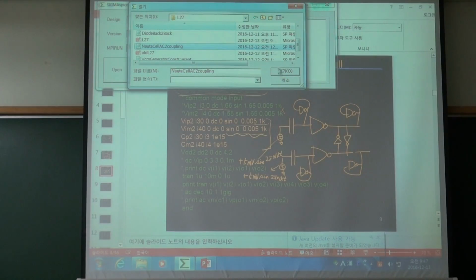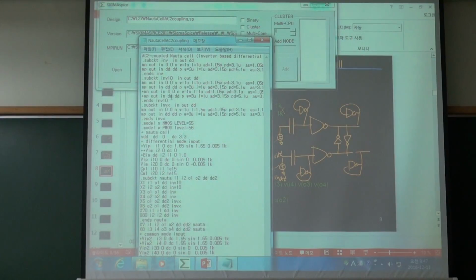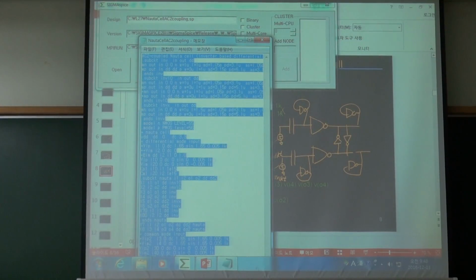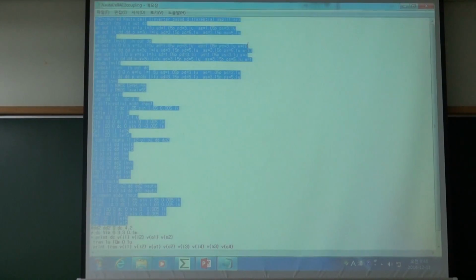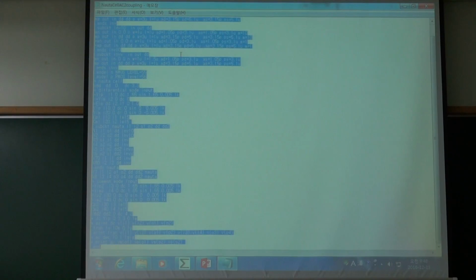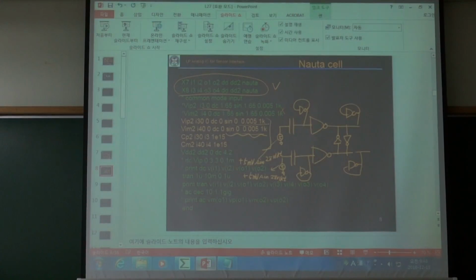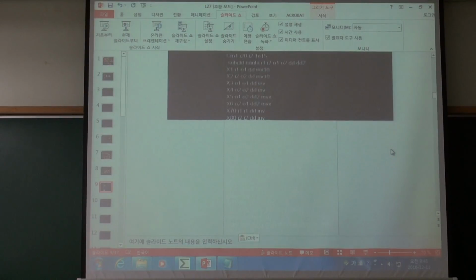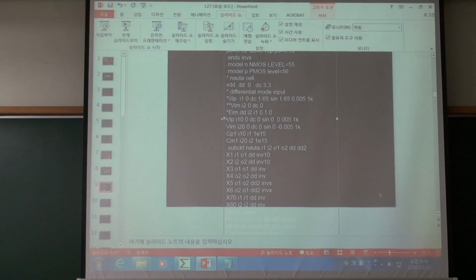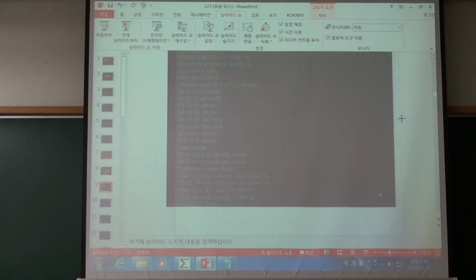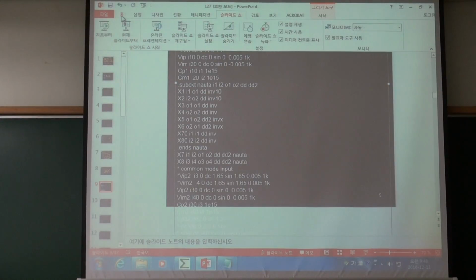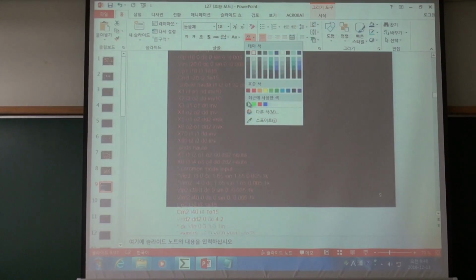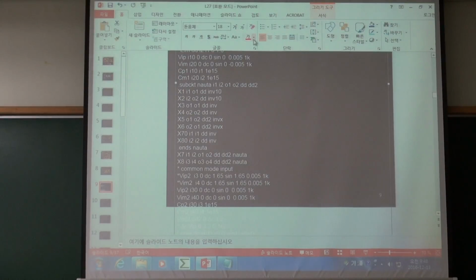Okay, let's look at the code directory. I think this is the code, okay? How come I cannot go down? Okay, oops.